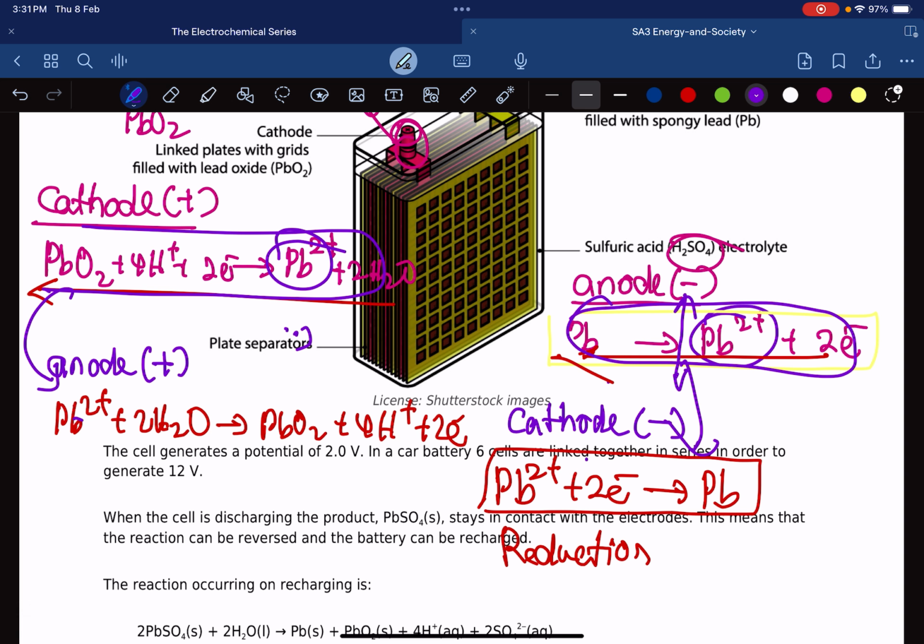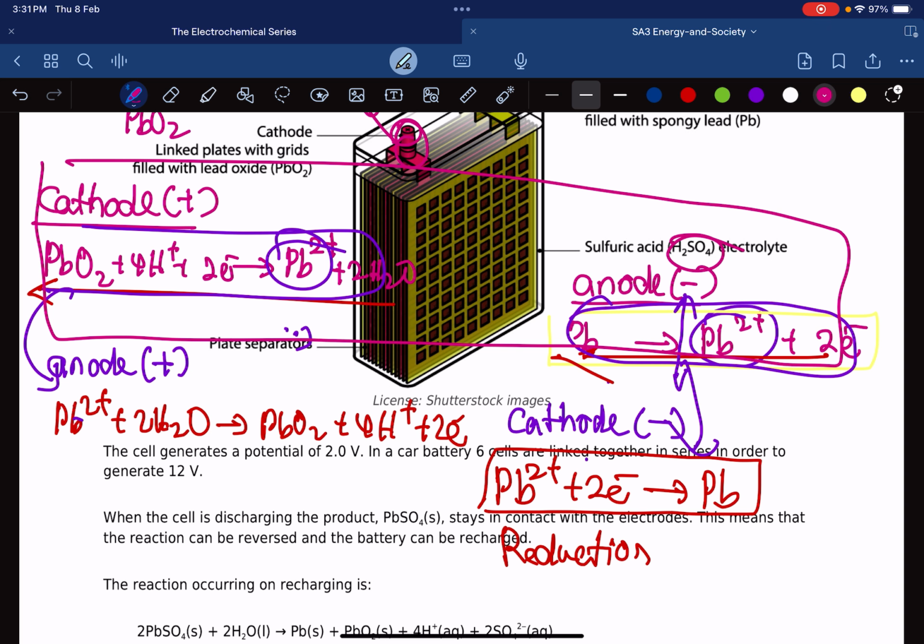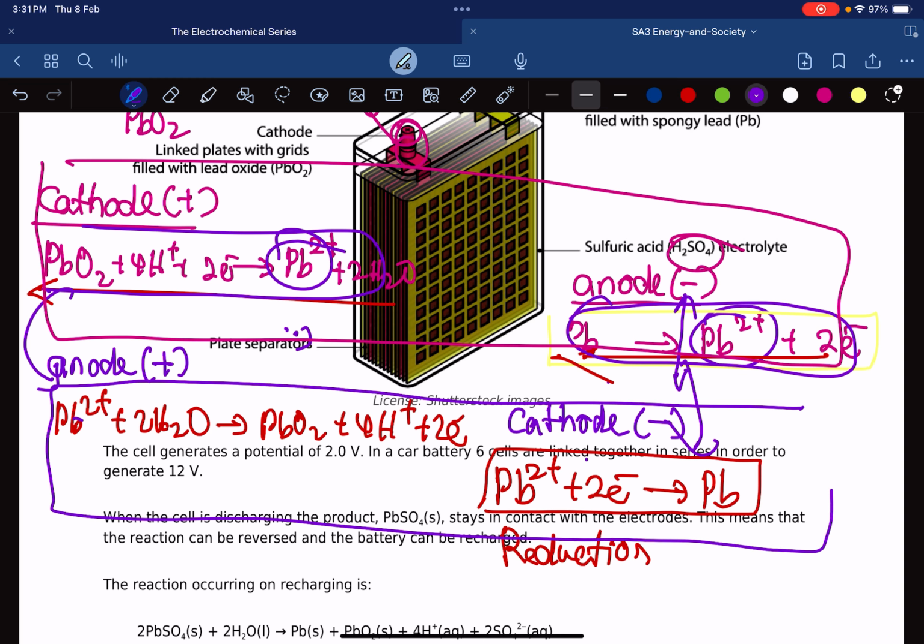Now, last thing I want to tell you here. When your car battery is producing electricity, this part here is acting as a galvanic cell. That means it's producing electricity. But when you are recharging your car battery, it is acting like an electrolytic cell. Just like your phone.